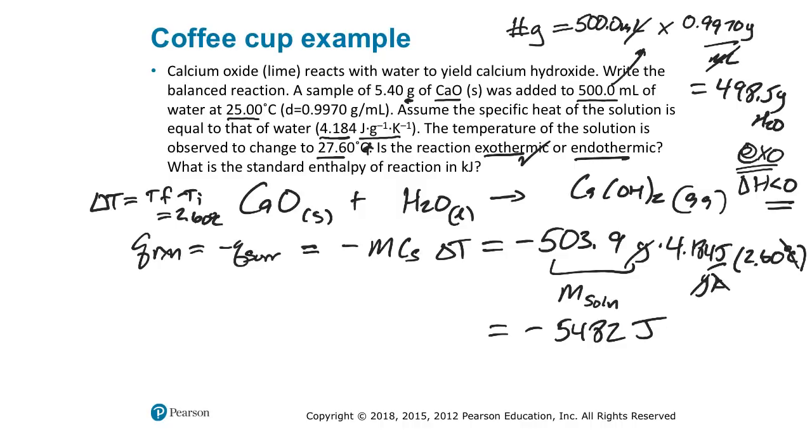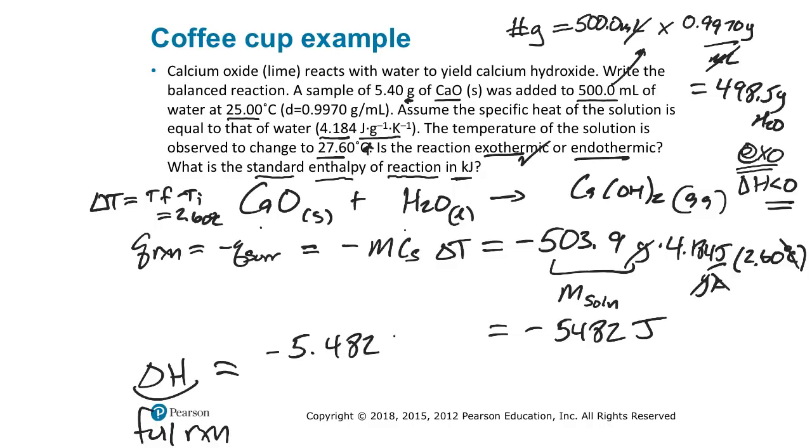We want to know the enthalpy change of the reaction in kJ. The standard enthalpy of reaction assumes 1 mole of this, 1 mole of that forms 1 mole of this, not 5.40 grams. So the way we get our delta H for the full reaction is to recognize that the minus 5,482, let's write that as 5.482 kJ, and just switch into kJ real quick.